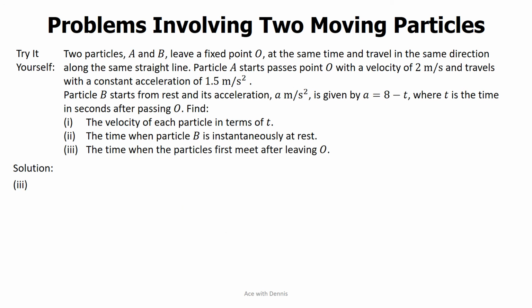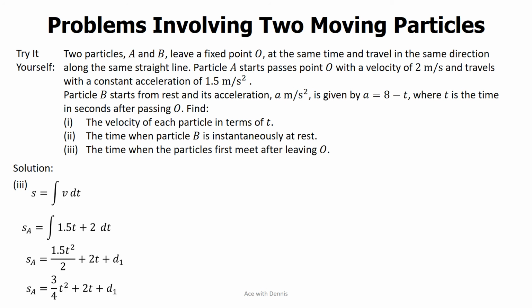For solution part 3, before we answer the question, we need to find the equation of the displacement for each particle. Hence, S equals integration of V dt. For the equation of displacement of particle A, SA, it equals integration of 1.5t plus 2 dt, which gives us SA equals 1.5t squared over 2 plus 2t plus d1.